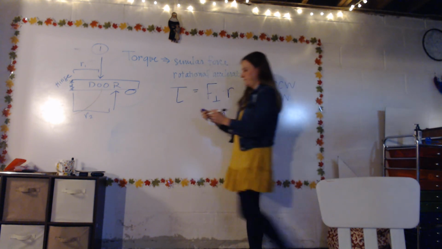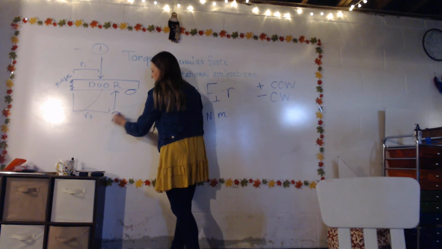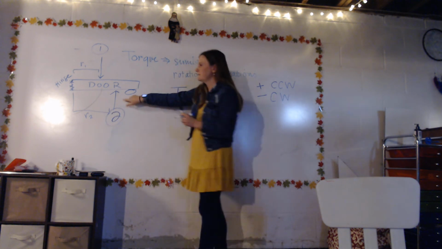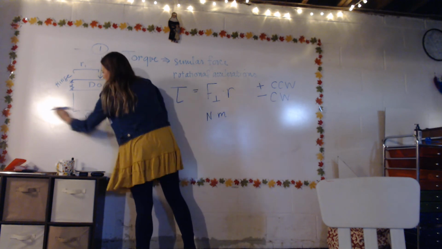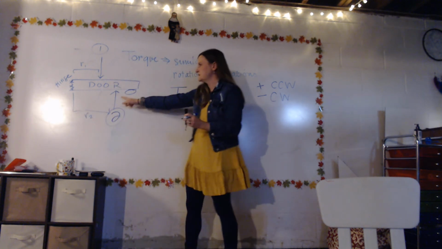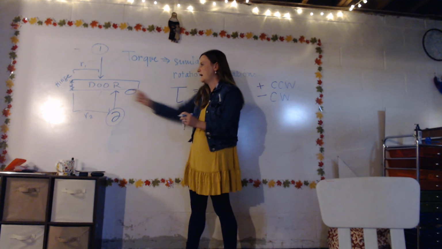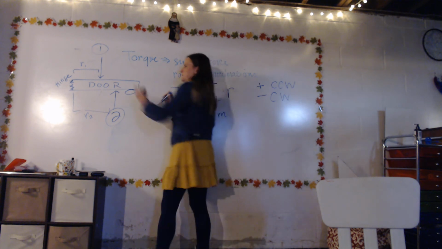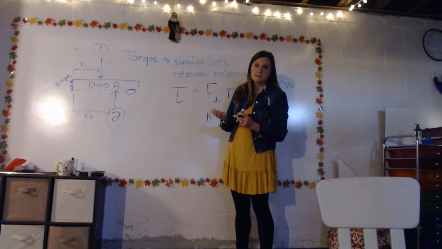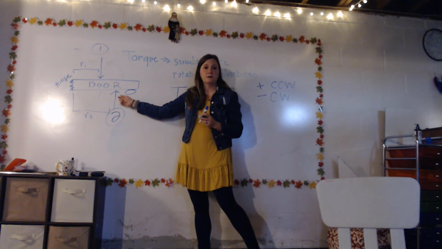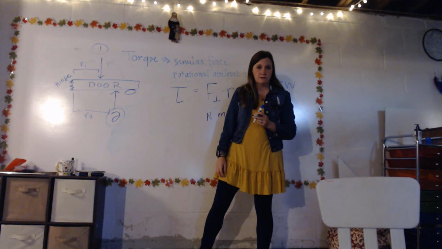The second force, if we look at this second force, and again, I'm going to ignore the first, so I pretend this is not happening. And I think, okay, the second force, if that's the only thing acting on the door, how's it going to spin? Well, the door is going to spin up this way, right? Which is counterclockwise. So we would say that the second force causes a positive torque.